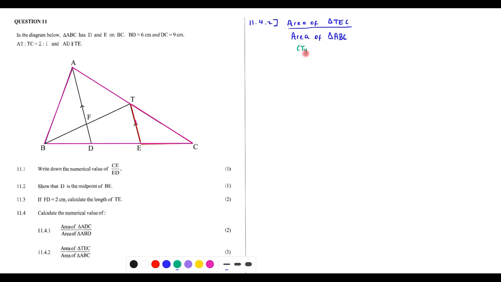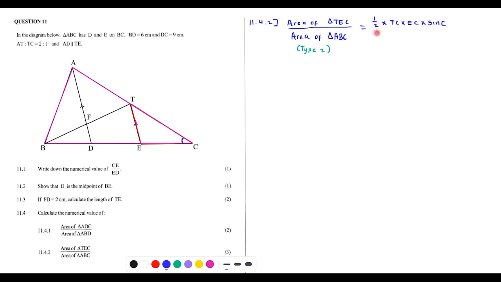How does type 2 work? It basically uses an area rule. When calculating the area of triangle TEC, we say 1/2 times TC times EC. The reason we say TC times EC is that we want to focus on that common angle. And then we multiply this with sine C.